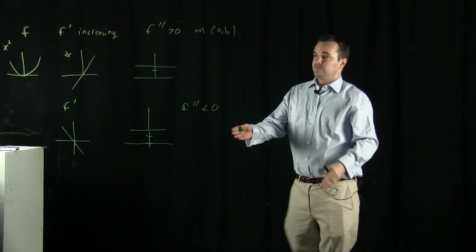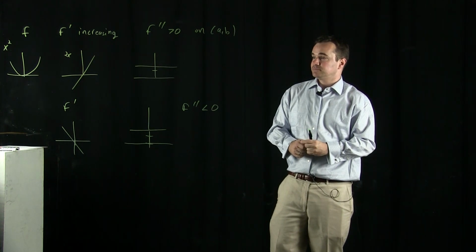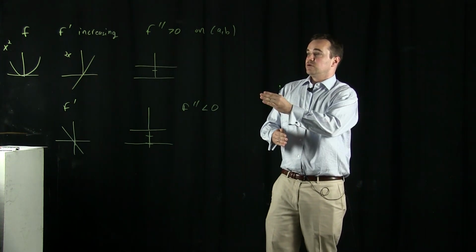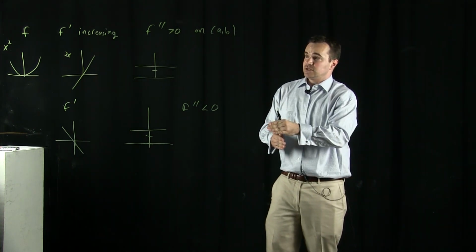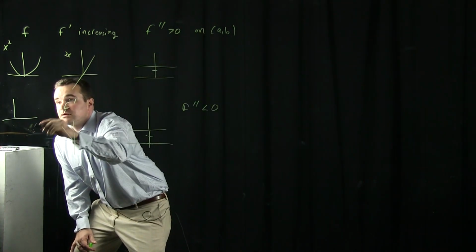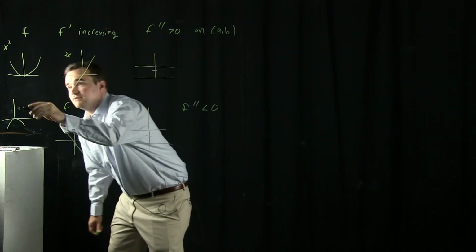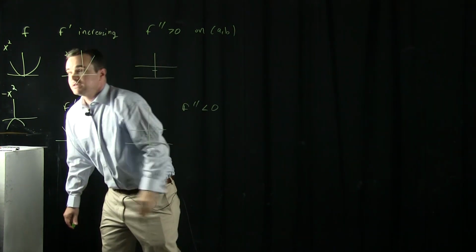Because once again, if the derivative is negative, that function has to be decreasing. And if your derivative is decreasing on some interval, that means your function has to be what we call concave down, and that's minus x squared.